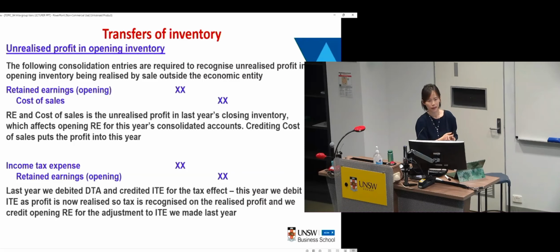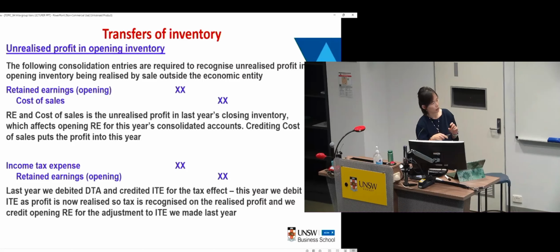Now, it is necessary to eliminate this unrealized profit contained in opening inventory by adjusting your retained earnings. So the retained earnings account contains this unrealized profit from the prior year intragroup transferred item. Now, these two entries can be combined, because this is related to the prior year ITE adjustment. This is a current year ITE. So why is there a current year ITE adjustment? Because once the inventory was sold, an adjustment is made to cost of sale.